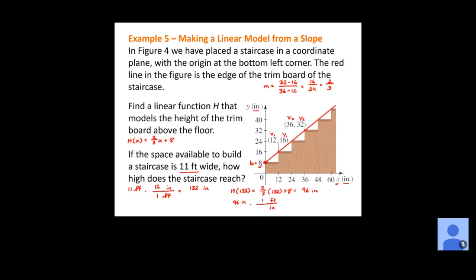And again, we know for every 1 foot, we're going to have 12 inches. This time my inches would cancel out. I would end up with 96 over 12 feet. And when we simplify that now, 96 divided by 12, that should give us 8. And so 8 feet would be my answer.